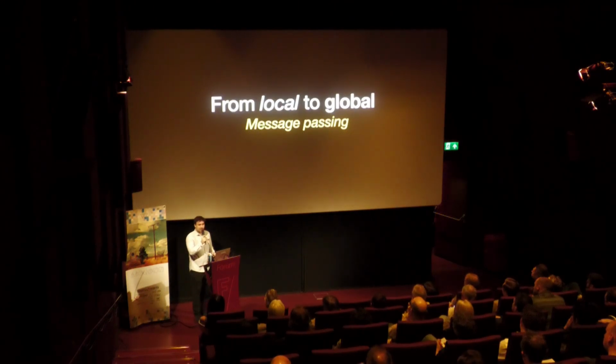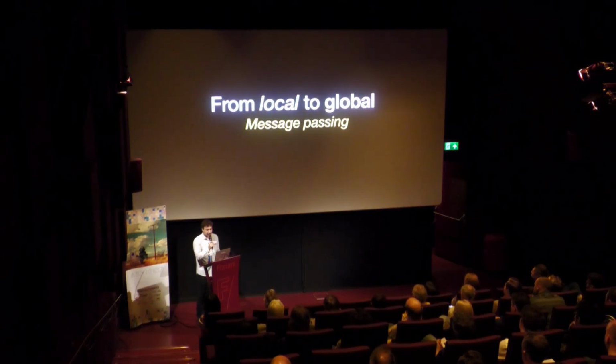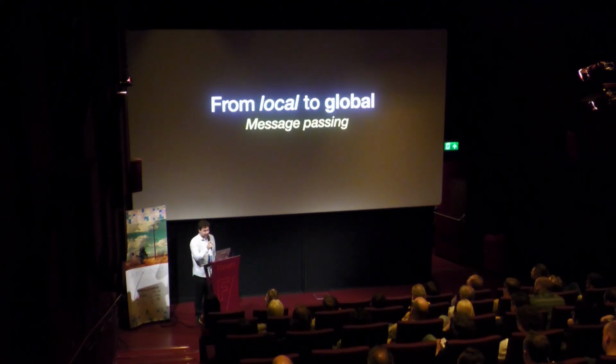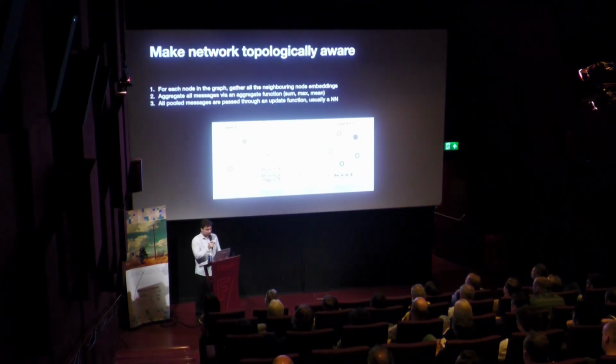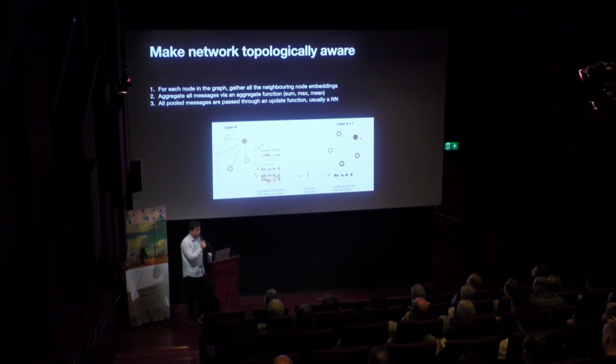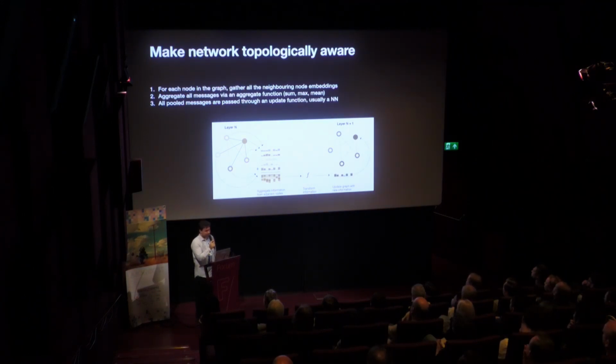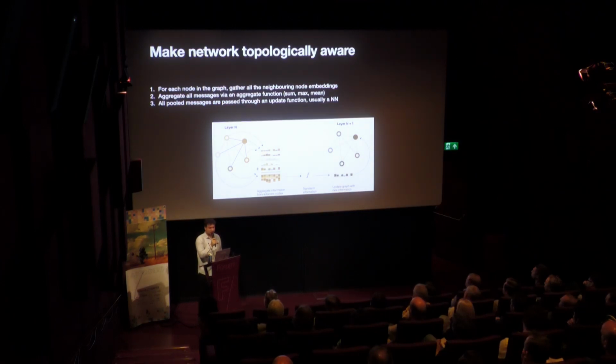However, now we are still very local, and we don't really get the benefits that we have from graph neural networks. This benefit is message passing. If you know your CNNs, your convolutional neural networks, this might sound similar, because that's the idea you have with CNNs as well. So what we want to do is make networks topologically aware, so we also get data from the neighbors and aggregate it in our feature embeddings.